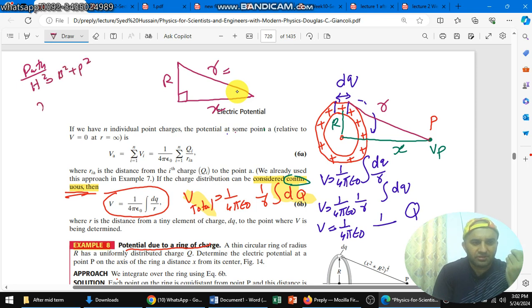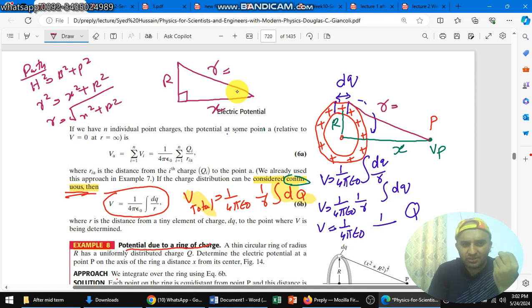So r square is equal to x square plus capital R square. So small r is the square root of x square plus R square.